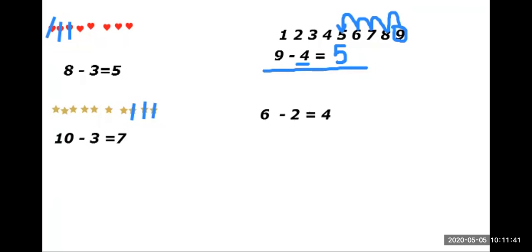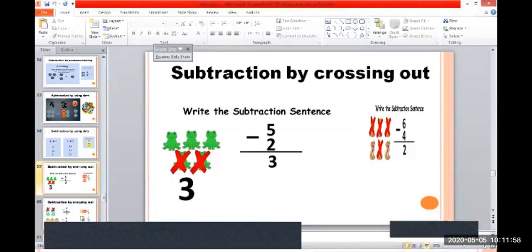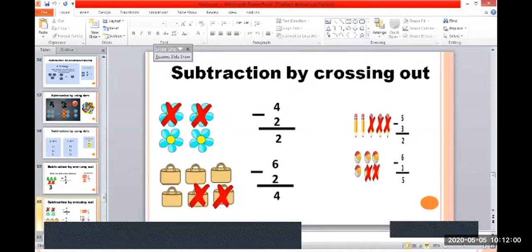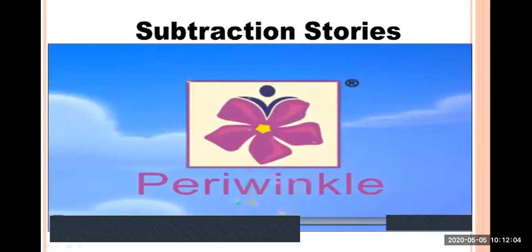Okay. Now we are going to move ahead to subtraction stories. We have done the crossing out methodology. Now we are going to see subtraction stories.